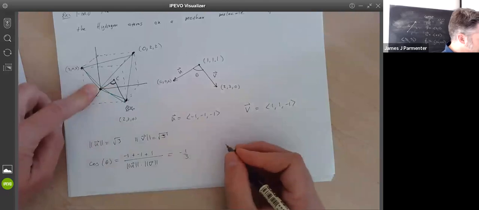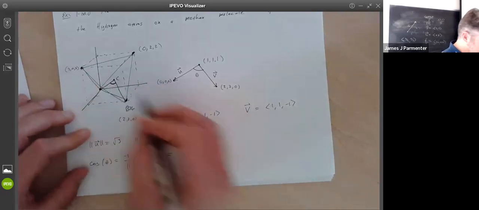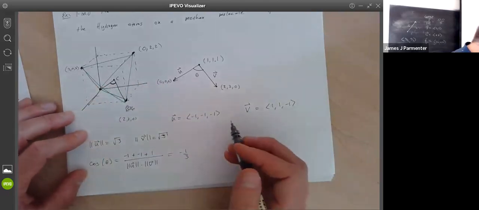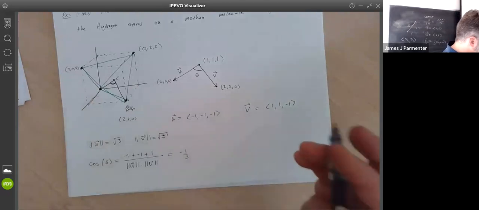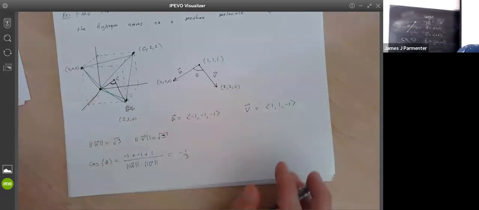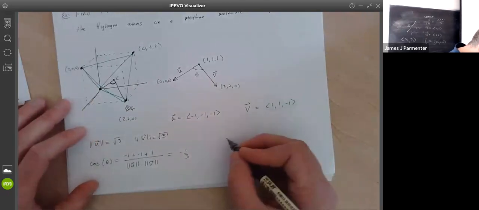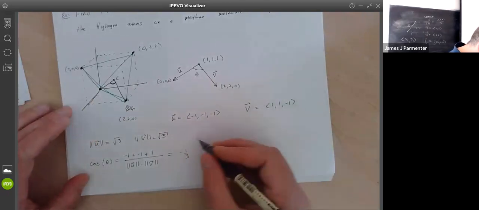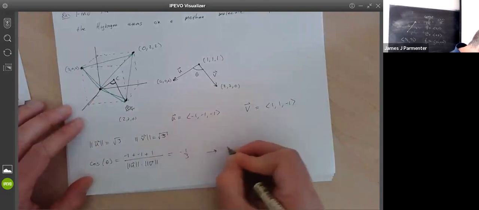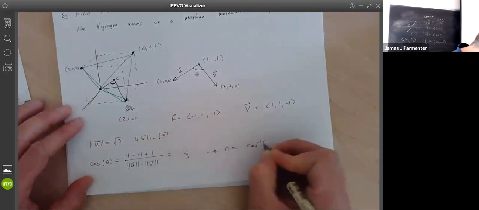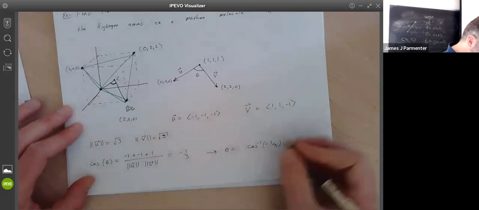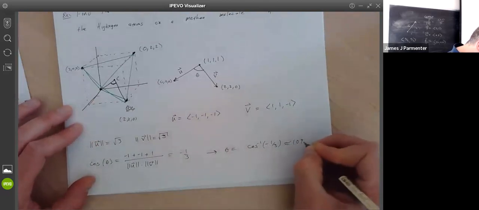So the angle between these two vectors, aka the angle between the carbon and one of the hydrogen atoms, is going to be the inverse cosine of -1/3, which is approximately 109.5 degrees.